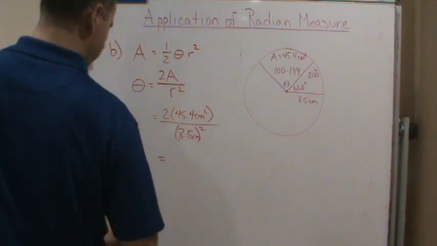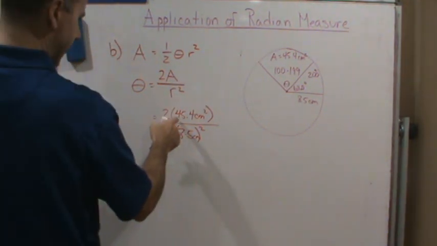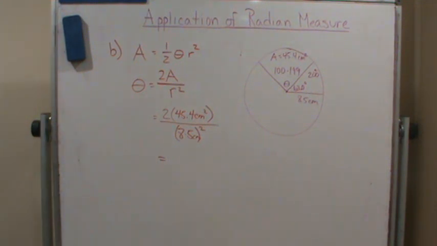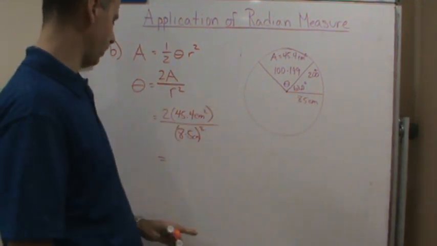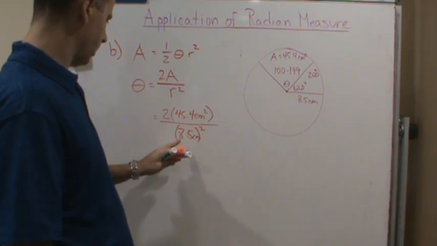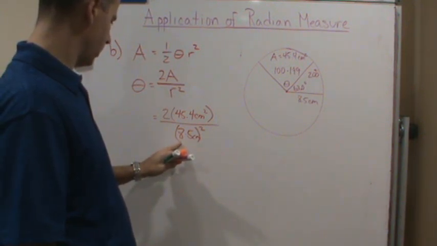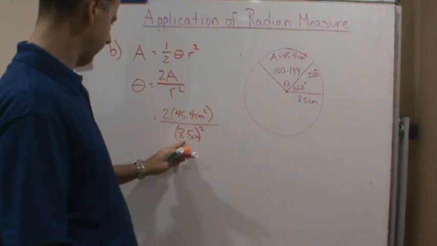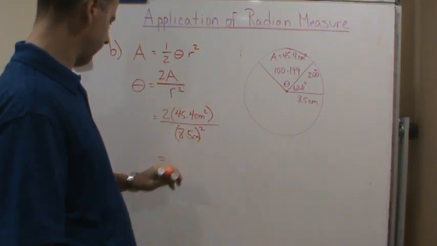And so if we do this, here we're going to get 90.8 over, excuse me, I'm sorry, not 63.25, 72.25. That's what I meant. I misspoke earlier.